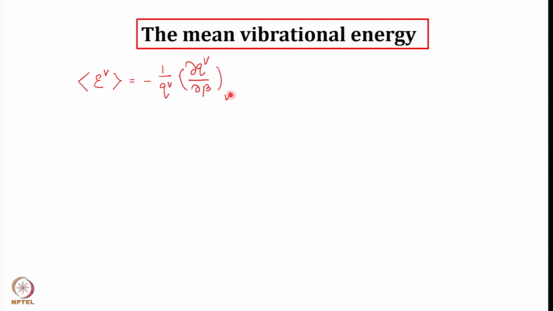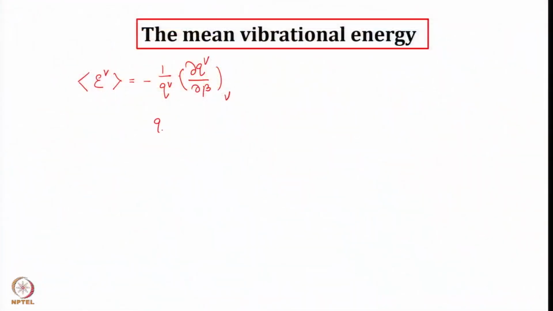And remember that the overall vibrational partition function is equal to the product of the vibrational partition function for each mode of vibration. And here for each mode of vibration we are now calculating the mean energy.